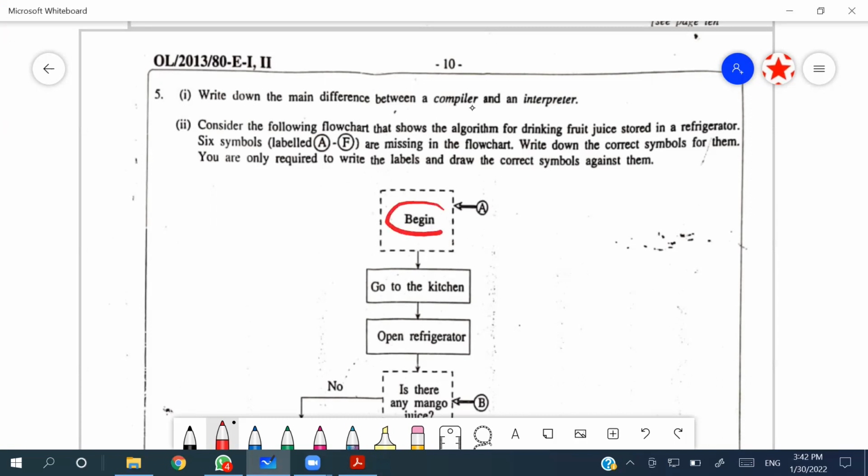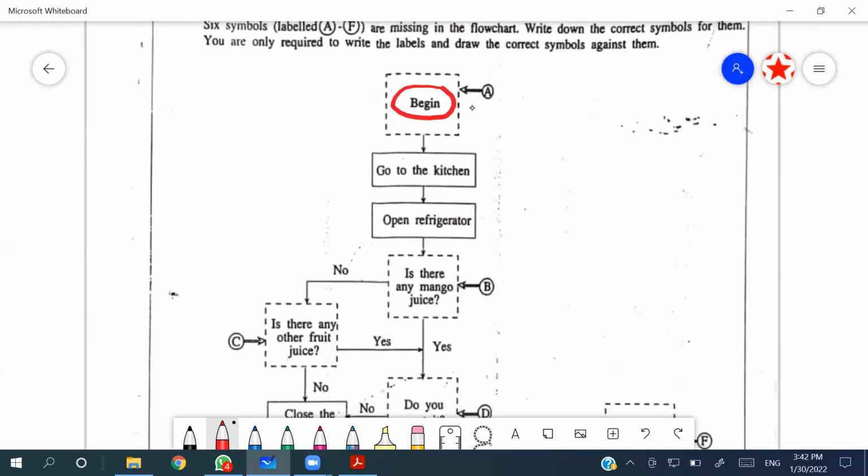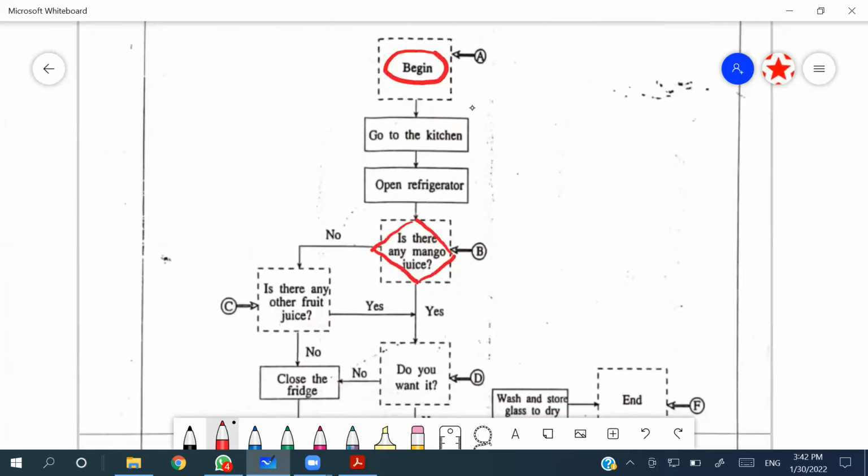Begin should be inside an oval shape. And go to the kitchen is there. Open refrigerator is there. So this is a decision. B should be inside a diamond shape, and this has two lines.